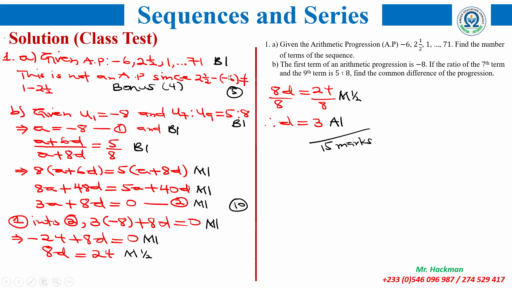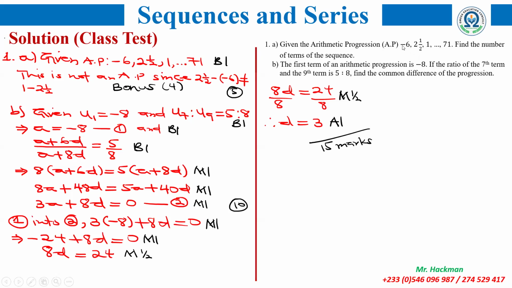Obviously, this is not an AP. However, remember I told you it is none of your business to verify whether the sequence given is an AP or not. You deal with it the way you were taught to deal with it. But my point is, if you don't verify in certain situations, you might end up wasting your time.